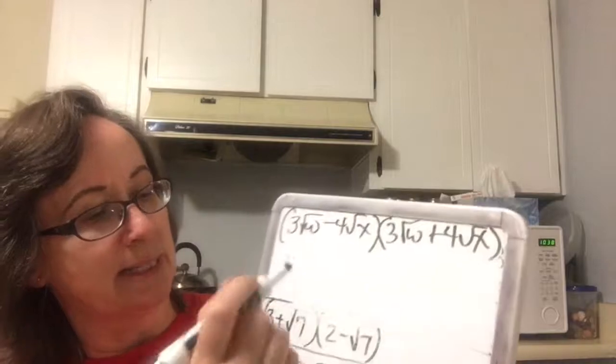Instead of turning off my video. So it's 3 square root of w minus 4 square root of x times 3 square root of w plus 4 square root of x. So this is conjugates again. Same terms, opposite signs.